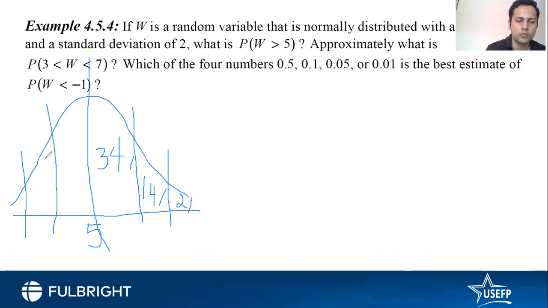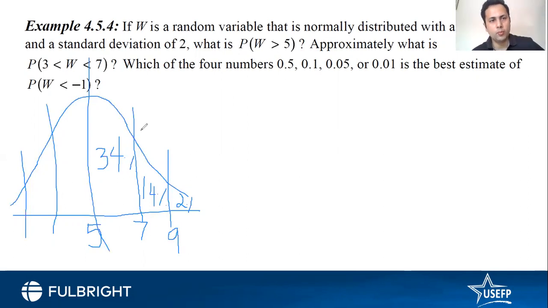The same is true for the left-hand side, 34% of the data. These vertical lines are 1 standard deviation, and the standard deviation in this question is 2. So 5 plus 1 standard deviation is 7, and 7 plus 2 is 9.